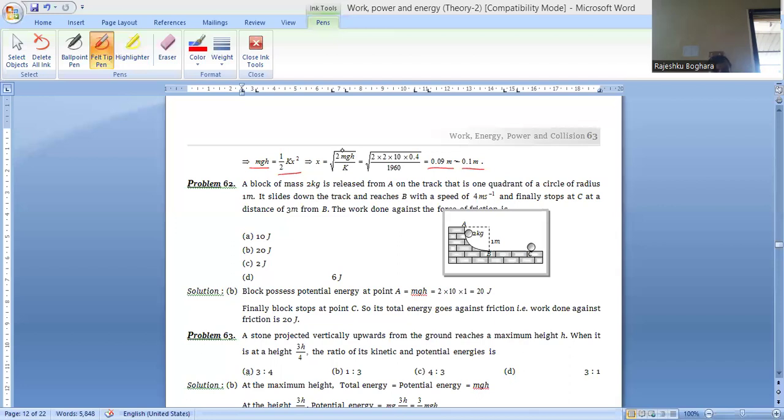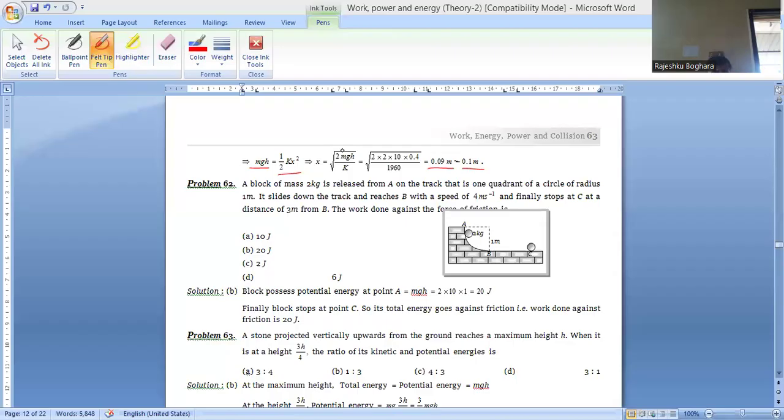Next, a bus weighing 100 quintal moves on a rough road. Mass is given, 100 quintal. 1 quintal equals 100 kg, so 100 quintal equals 100 into 100 kg.